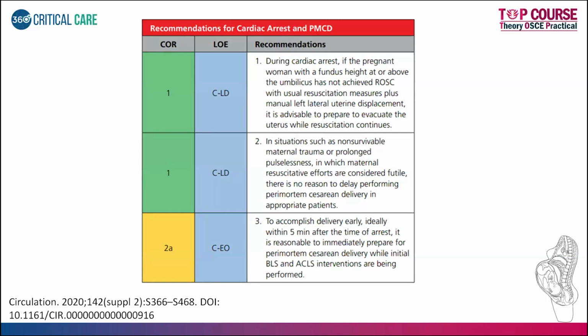If you are able to do all of this and still feel it is futile at the end of the fourth minute, then consider doing a PMCS. Accomplishing the delivery within 5 minutes of the arrest is reasonable, but again, practicality matters; there are no larger recommendations for PMCS yet.